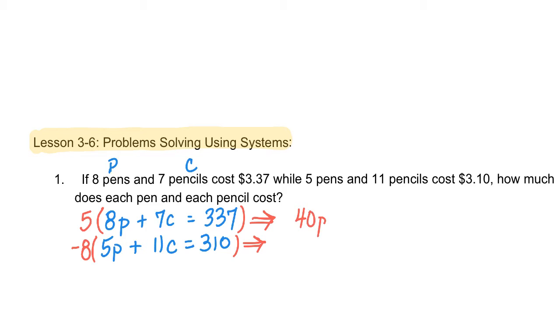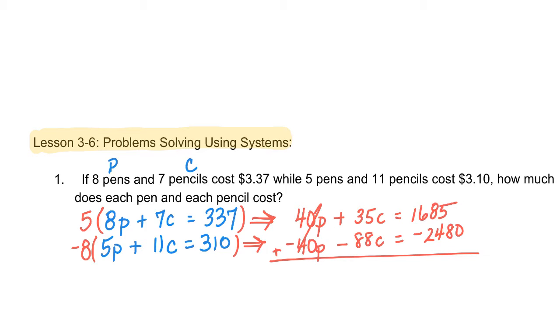So 40p plus 35c is equal to 1685. -40p minus 88c is equal to, using my calculator, -2,480. So when I add down, those cancel out.